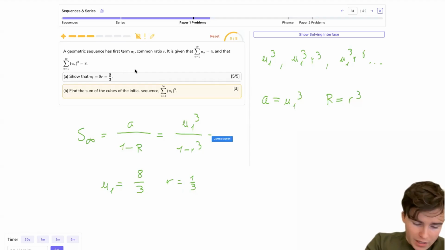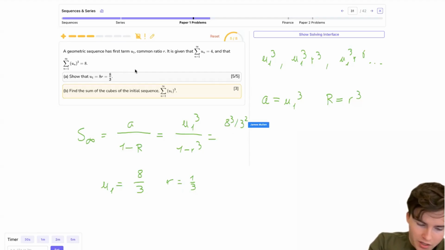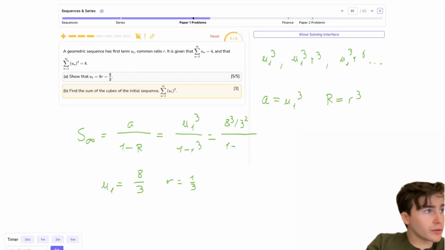So this formula becomes 8 cubed over 3 cubed divided by 1 minus, and here I'm going to have 1 minus 1 over 3 cubed, which is 1 minus 1 over 27. And we're going to have to be clever in simplifying this. I'm going to multiply the top and the bottom by 27 to cancel some things out.